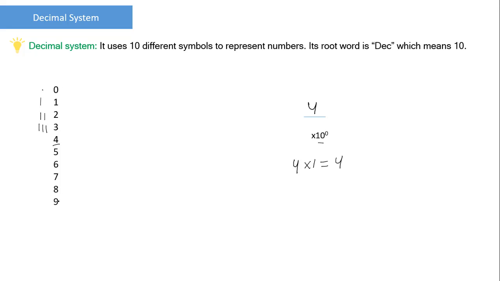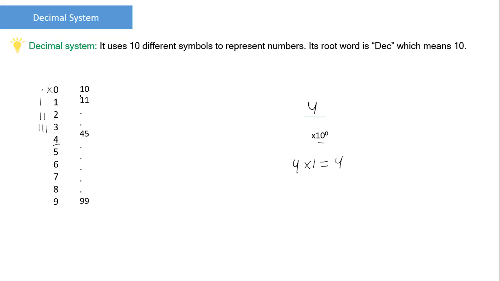Now if I want to go to the next number from 9, then I'll have to use these 10 symbols to represent a number which is next to the number 9. So we add one digit to the left. The digit which is to the left should be greater than 0. Hence we cannot use 0, and out of these 9 digits we can use any of them on the left side.